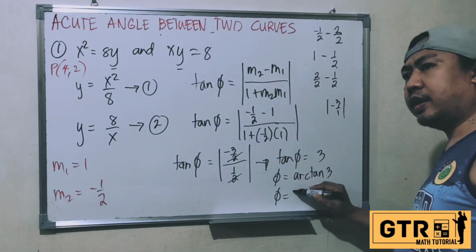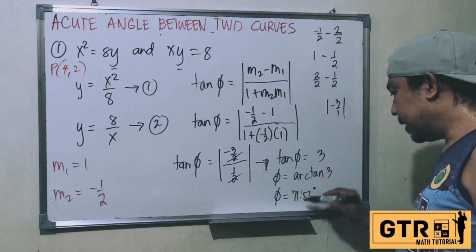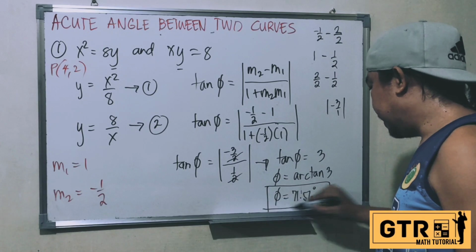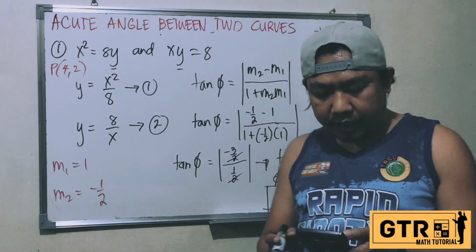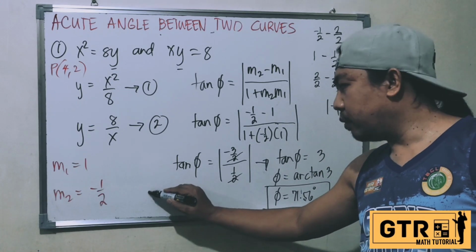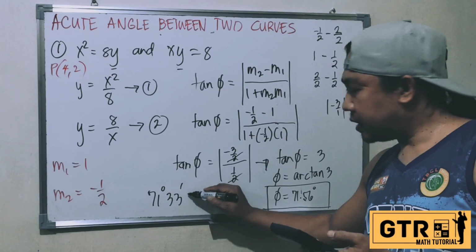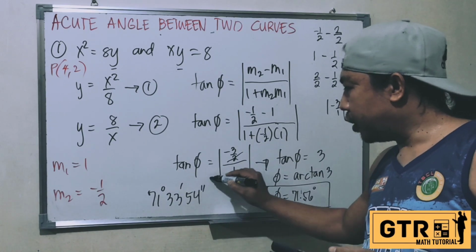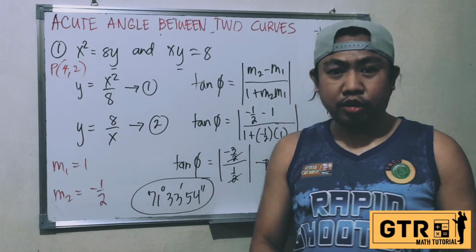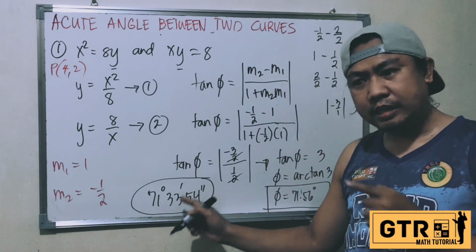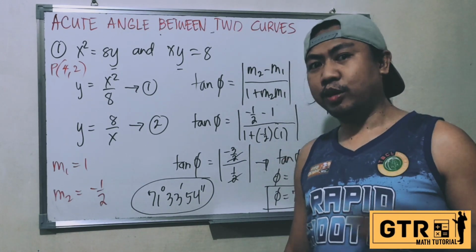So the theta, the acute angle, is 71.56 degrees. That is the final answer, 71.56 degrees, or in degrees minutes, that is equal to 71 degrees, 33 minutes and 54 seconds. So it depends on your instructor which is the preferred answer, in degrees, minutes, seconds, or in decimal. Okay, so example number 2.